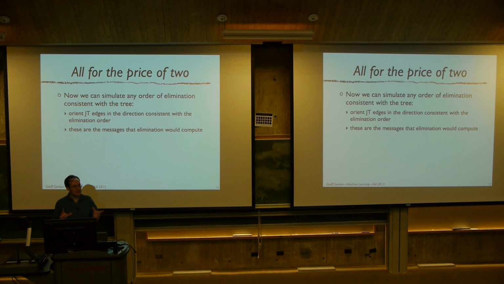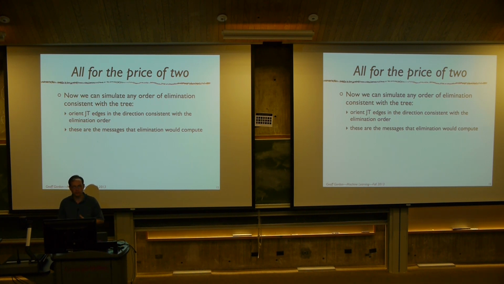So the idea is, now that we have all of these messages, what we want to do is be able to simulate any variable elimination order, or any order that's consistent with the tree. And the way we're going to do that is we're going to orient the junction tree edges in the direction consistent with the elimination order. In other words, if you start over on this side of the edge, then we'll send the message in that direction over the edge. And you can tell that from the elimination order.